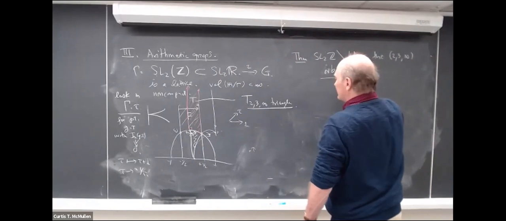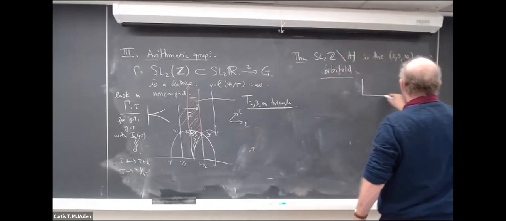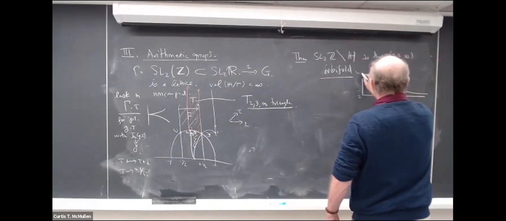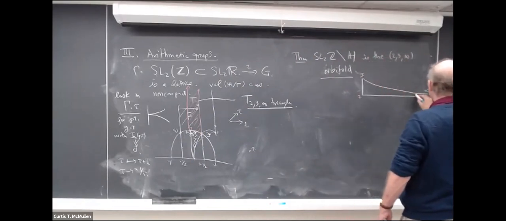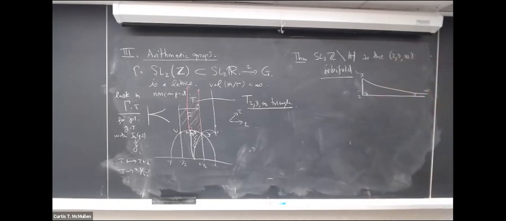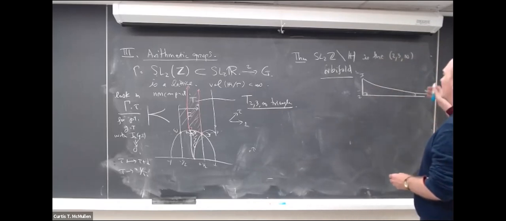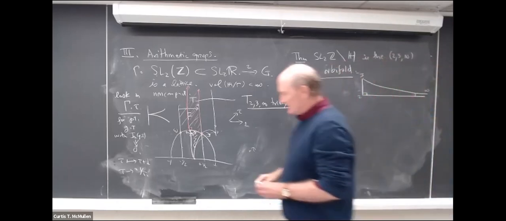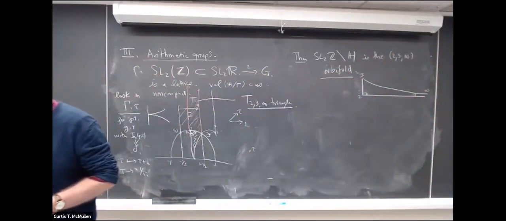In other words, it looks very similar to the case that we just did with 2-3-7, but now it's non-compact. But it still has finite volume. Its volume can be computed by orbifold considerations, etc. So this is what the quotient of SL2Z looks like. It's just a double of this very simple looking triangle.